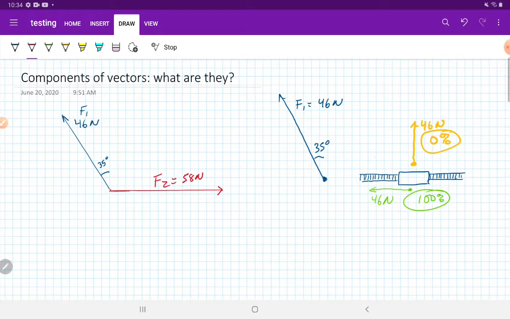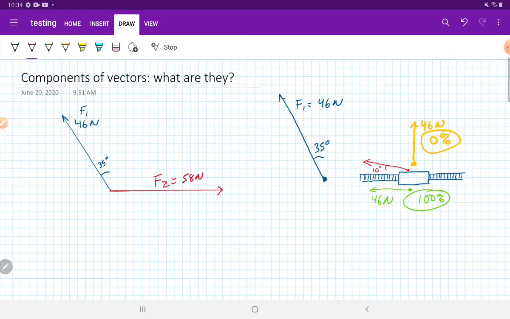And then you have varying degrees in between. For example, if I applied a force that was really shallow, really close to sideways, let's say 10 degrees, you would instinctively think, well, nearly all of my force is helping it move sideways to the left, but not quite as if I was pushing perfectly along the tracks like the green arrow.